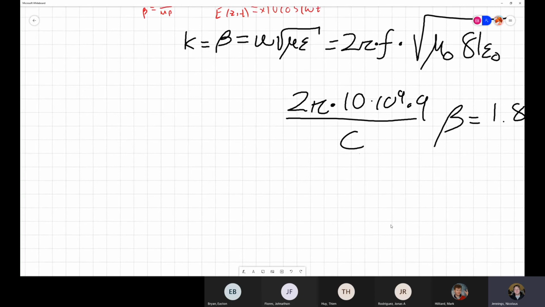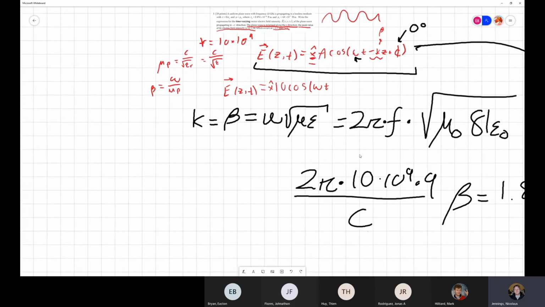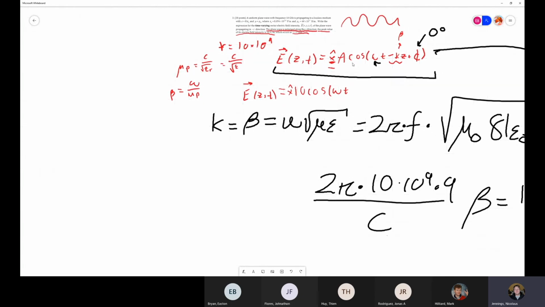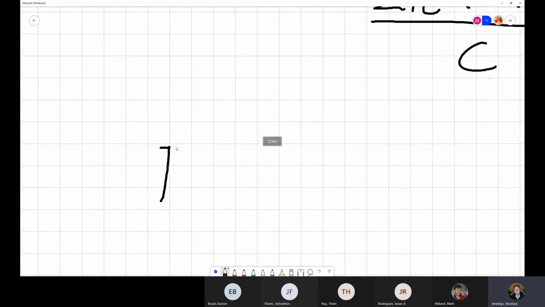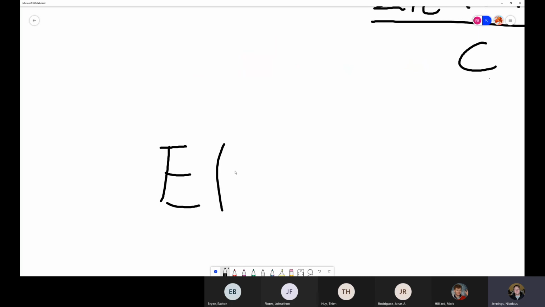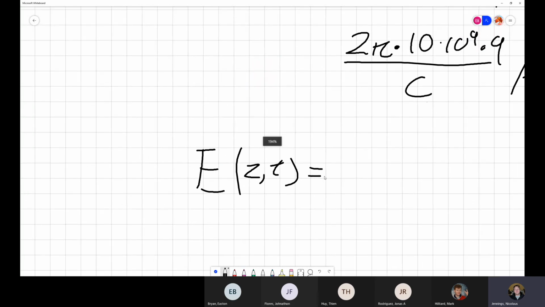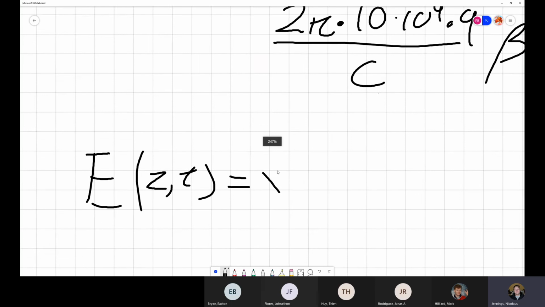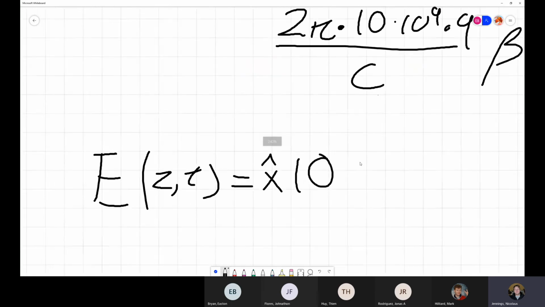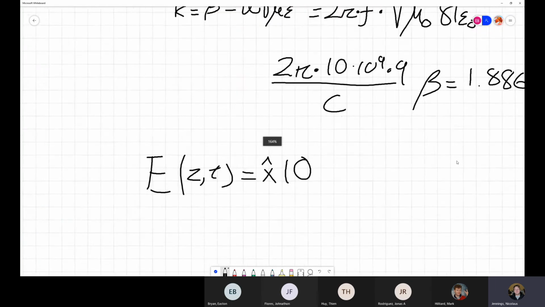Okay, now we can write the entire form out by replacing our terms. He was starting to write it out right here, so I'll just write it down at the bottom. We have the electric field E(z,t), which is equivalent to x hat 10 cosine.